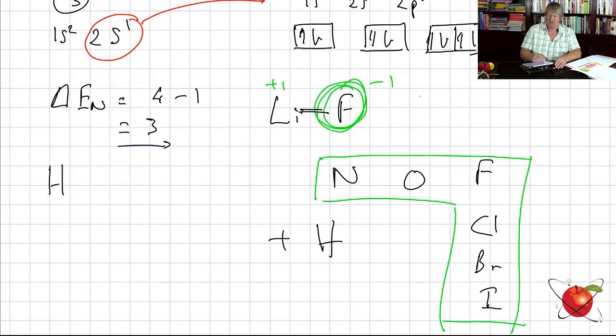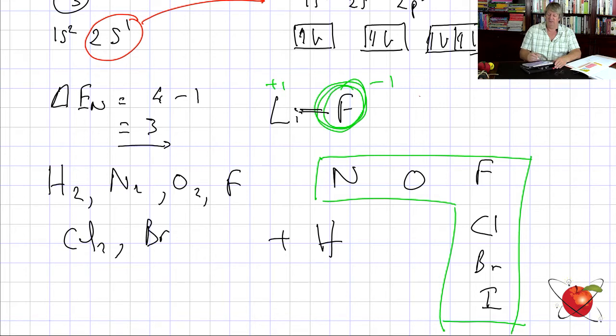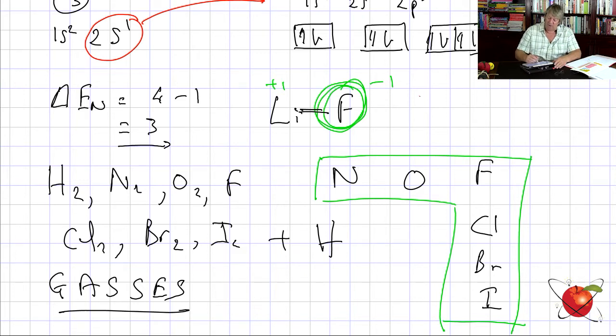They are H2, N2, O2, F2, Cl2. Okay, they're all gases. Br2 and I2. They are all gases, right? And they are what is called diatomic.